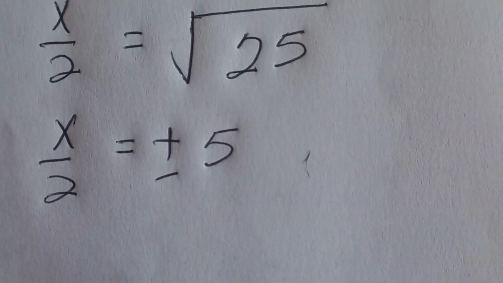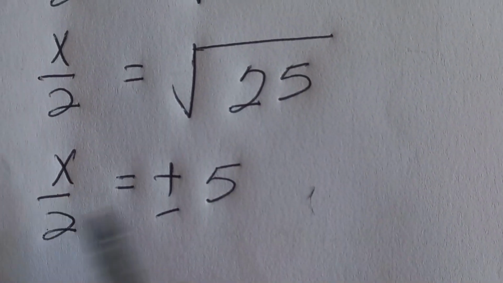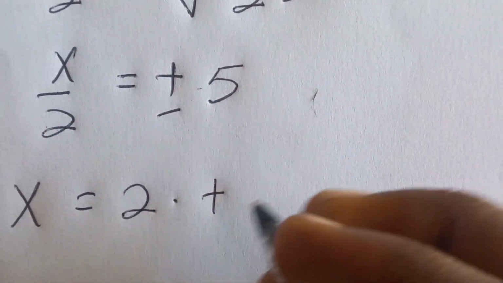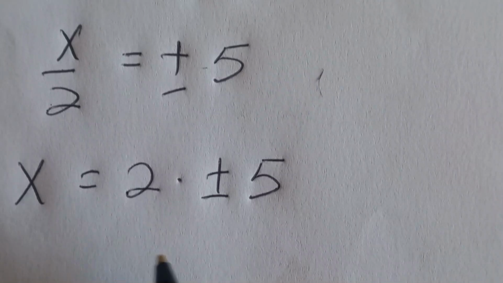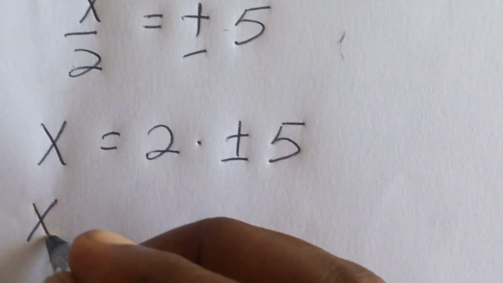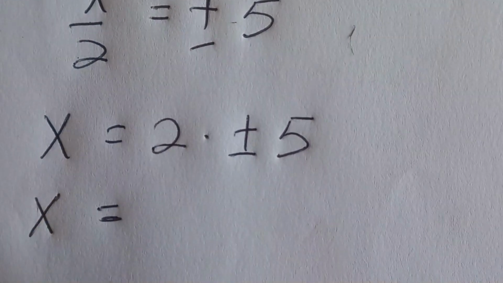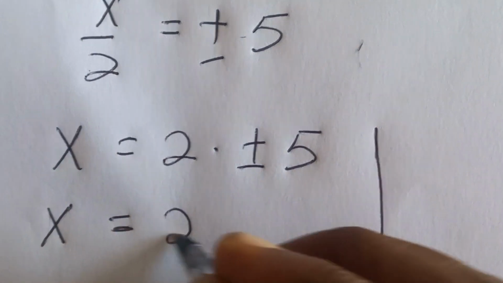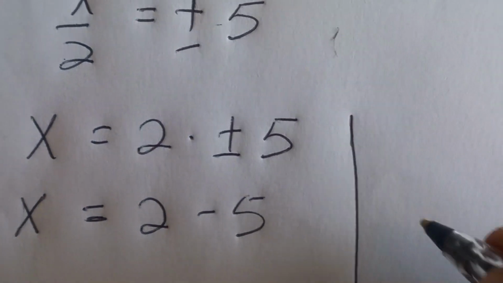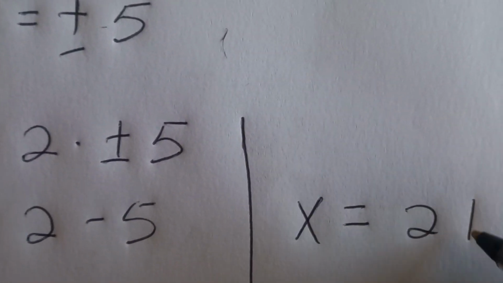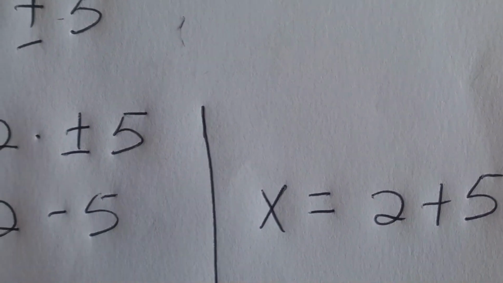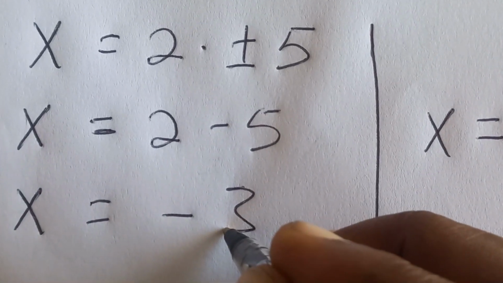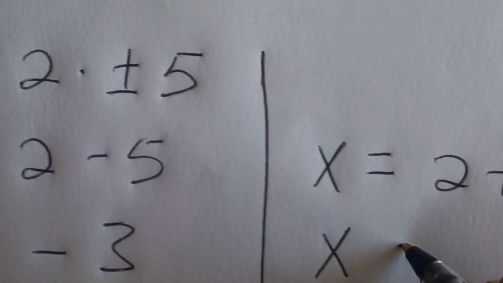So in this case, x is equal to 2 multiplied by plus or minus 5. So we have 2 times negative 5, and 2 times positive 5.